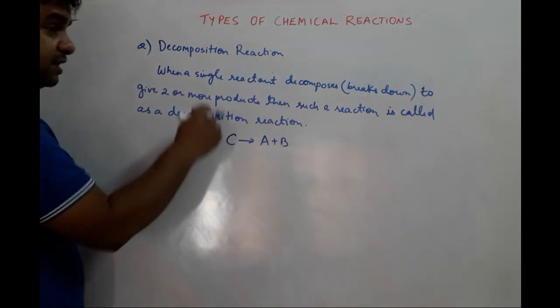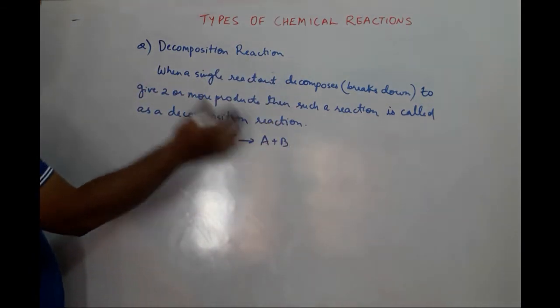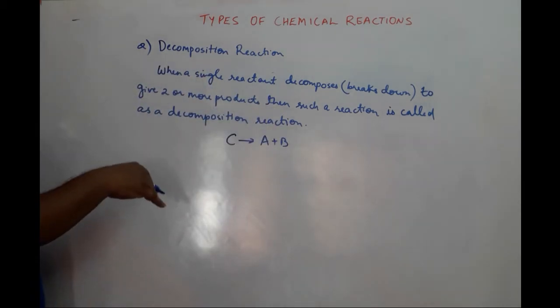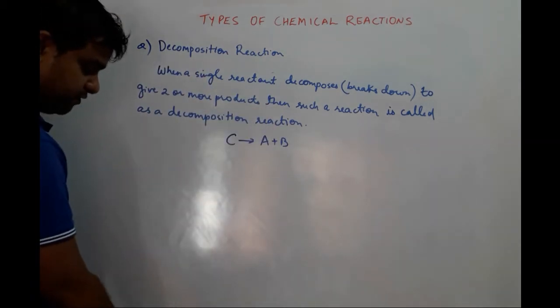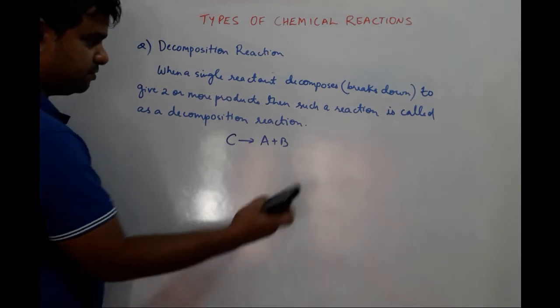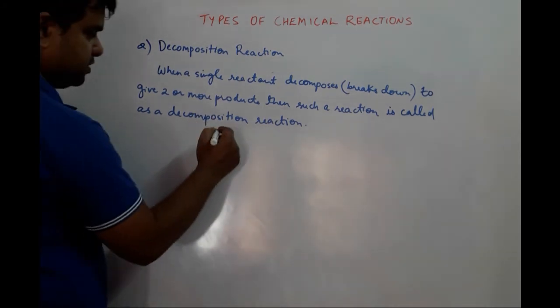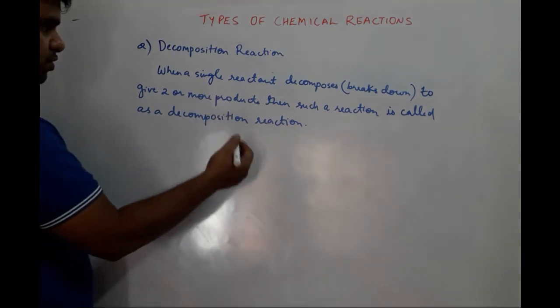It doesn't mean that the product we got for the combination reaction then breaks down to give us back the reactants. That doesn't really happen. So to avoid confusion, I will mark them differently to show you that one particular reactant breaks down to give us more products.